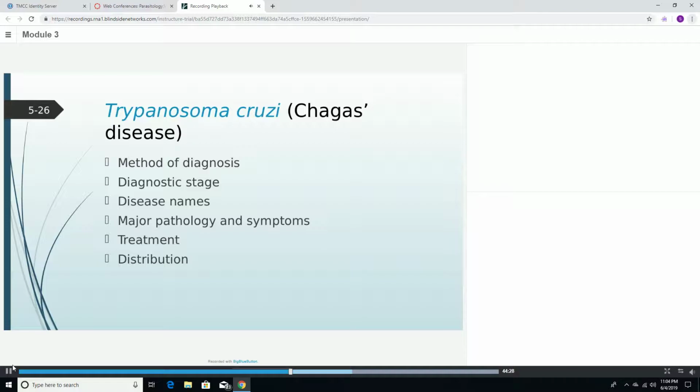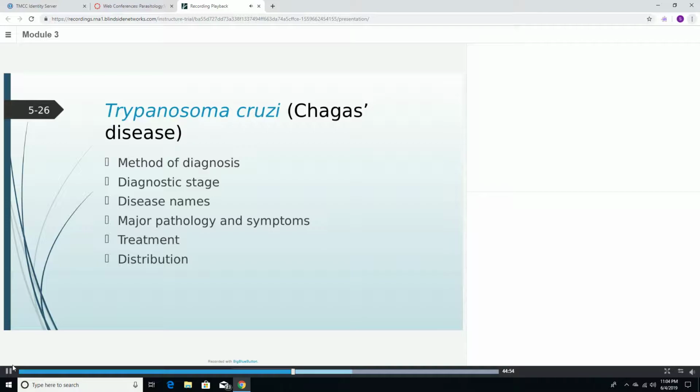Acute infections happen commonly in children, and it results with an initial reaction at the bite site. We could also see a periorbital edema if the patient's bit near the eye, so this is known as Romana sign. We could see cardiac ganglia destruction, megacolon, and rapid death with this infection.